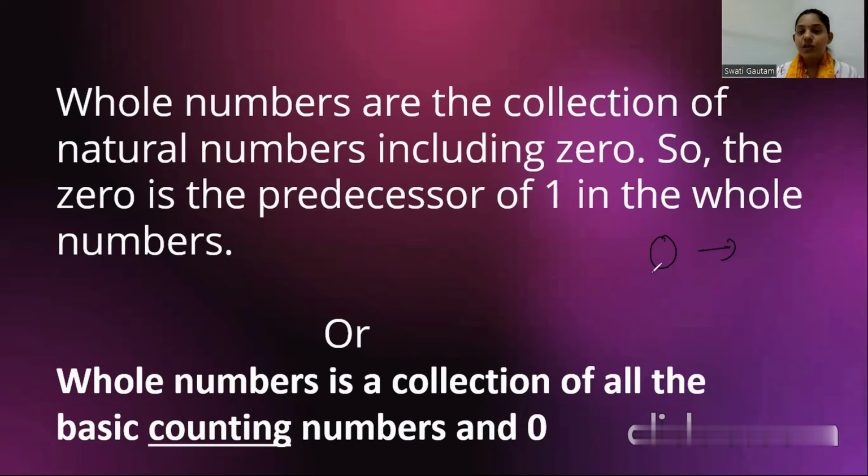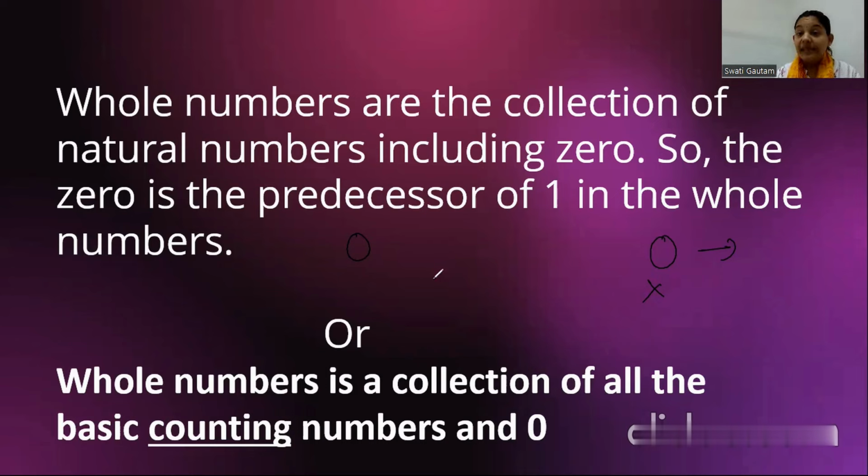We don't take 0 as a counting number. So all counting numbers, meaning all natural numbers, are whole numbers, and 0 is also a whole number. So whole numbers start from 0, natural numbers start from 1. Whole numbers are also the positive numbers, including 0.